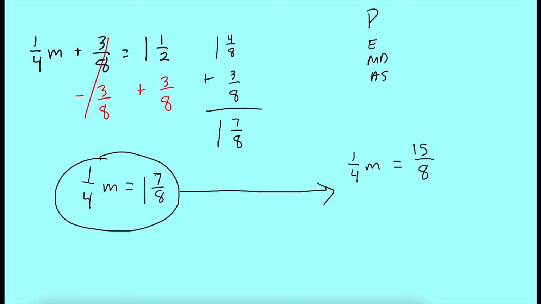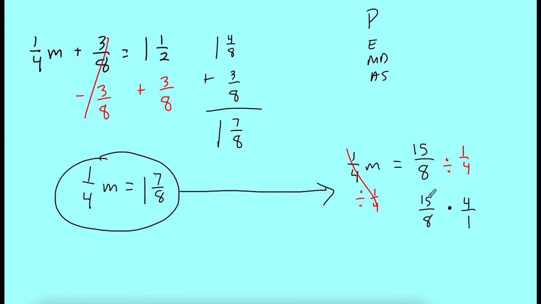Okay, now to finish this problem, the inverse of 1/4 multiplied by m is to divide by 1/4. And if you know your fraction stuff, when you divide by a fraction, you don't actually divide, you multiply by the reciprocal. Some of you remember that as keep, change, flip.